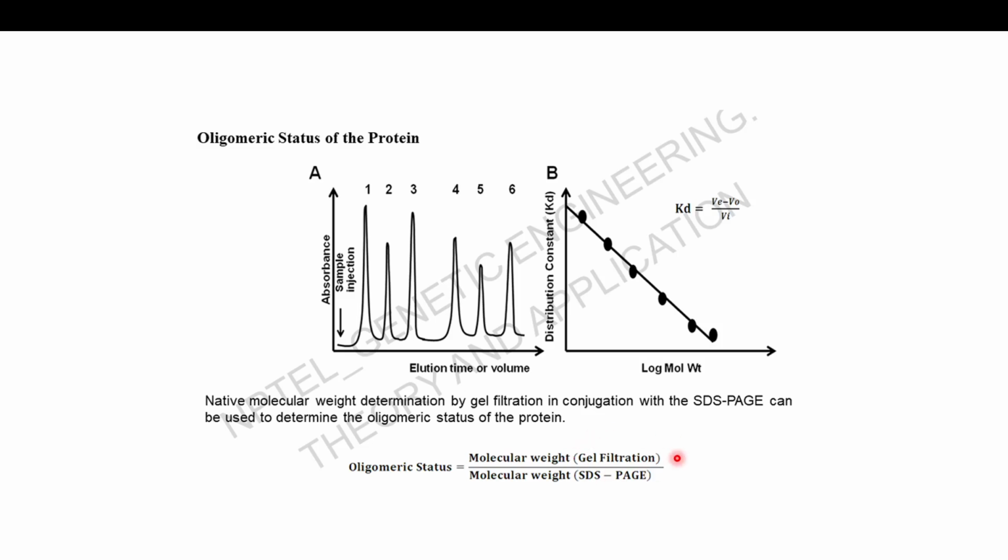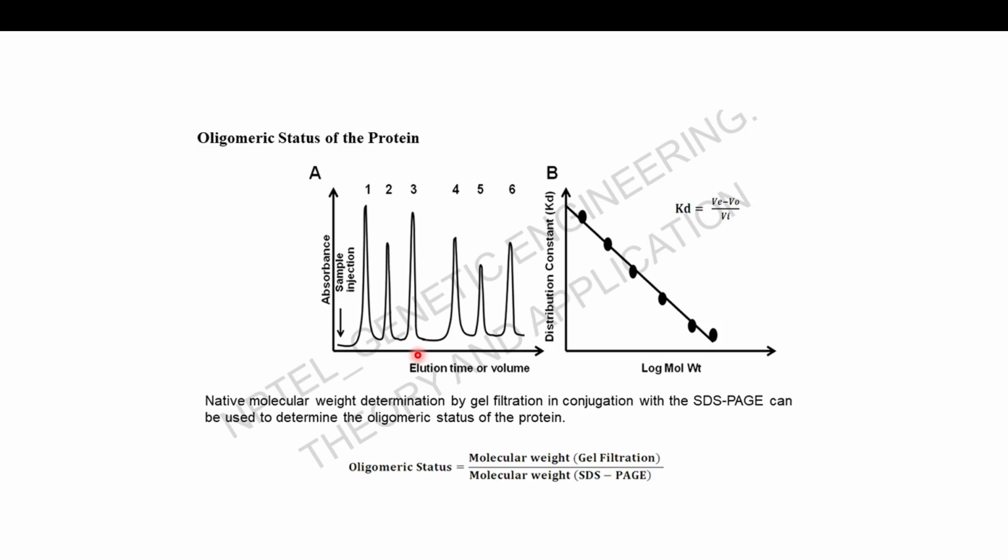Molecular weight obtained using gel filtration: the elution volumes are characteristic of the particular type of column that you are using for SEC. Each column, based on its dimensions and on what kind of matrix is packed inside, has its own properties.